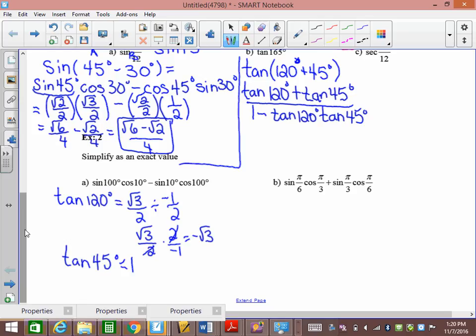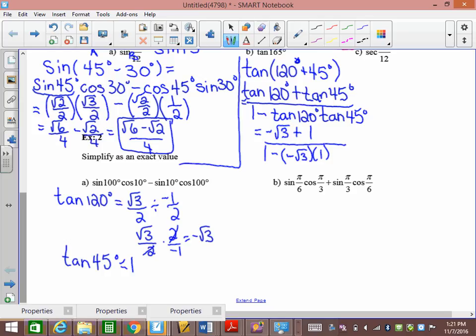Okay, so tan 120 is negative root 3. Tan 45 is plus 1 over 1 minus negative root 3 times 1. This is where radicals come back huge, in this tan stuff.